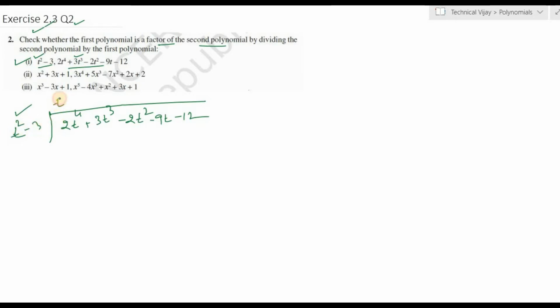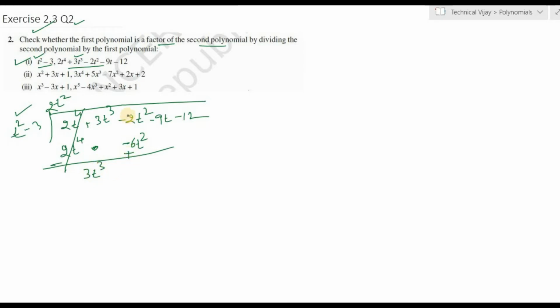So t square into 2t square gives 2t to the power of 4, minus 3 into 2t square, minus 6t square. We write it in this way. Minus plus, this cancels. The plus 3t cube we will write as it is.